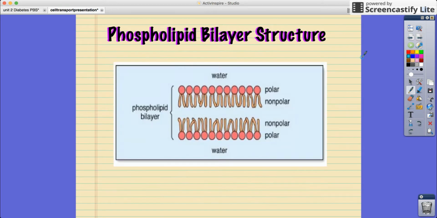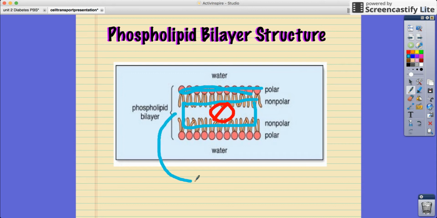For drawing this on your separate activity sheet, here's the way the phospholipids align so that these tails, again, they don't like water. They hate water. So they're going to be in the inside because we know our cell thrives on water. Our body in and of itself is 75% water, and our cells are a main component of salt and water too. So the tails are in the inside. The parts that like the water, the glycerol heads, are on the outside.